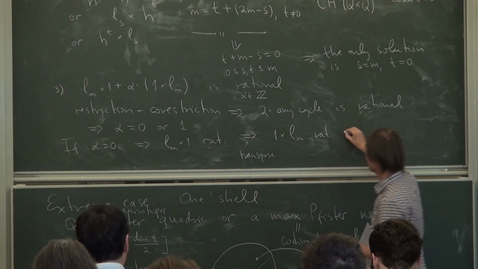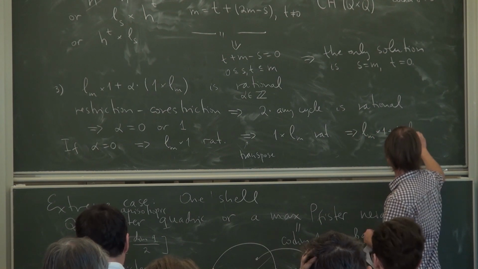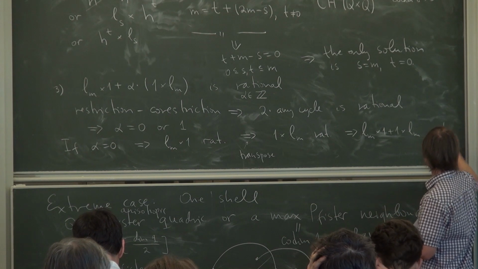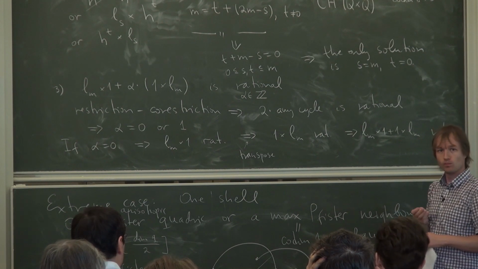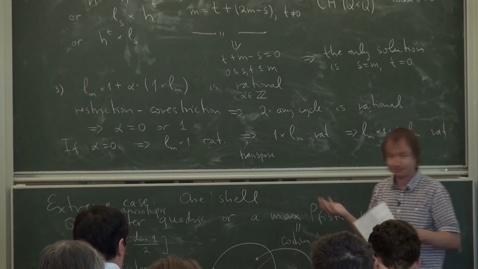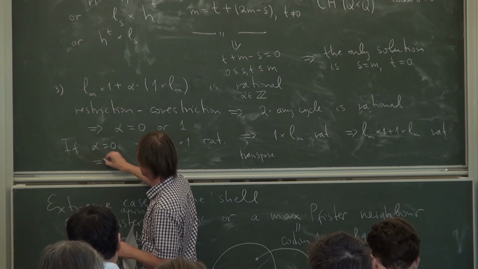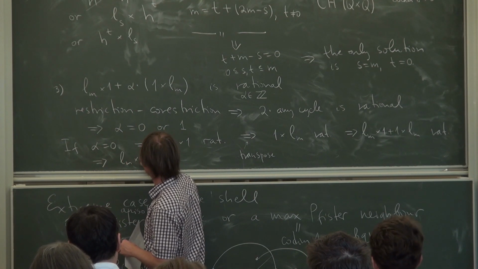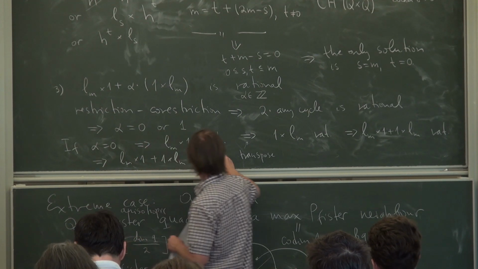So the sum of rational elements is rational. So we can assume alpha is 1. If it's 0, then, well, Lm times 1 plus 1 times Lm is rational.